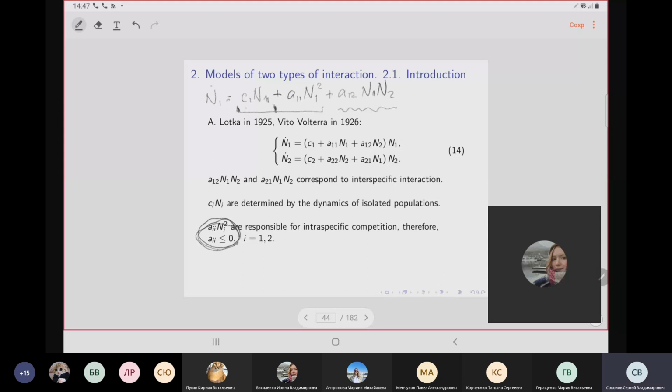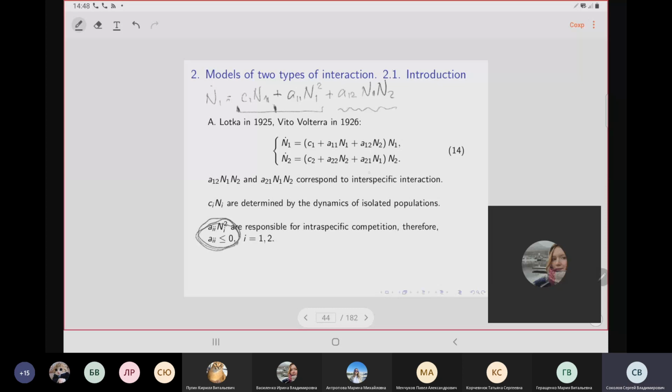What about c1 n1 and c2 n2? It depends on the dynamics of the isolated population. First of all, we'll consider the predator-prey model and we'll see what the signs of c1 and c2 are, and the same for the signs of a12 and a21.